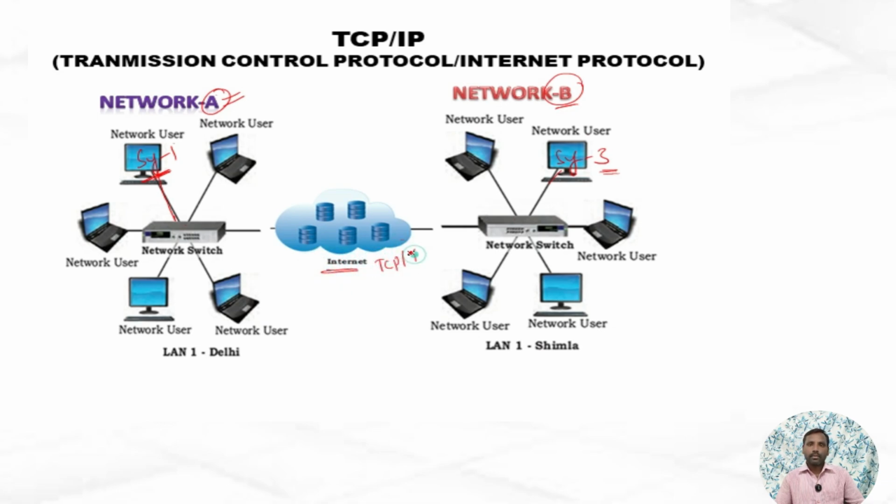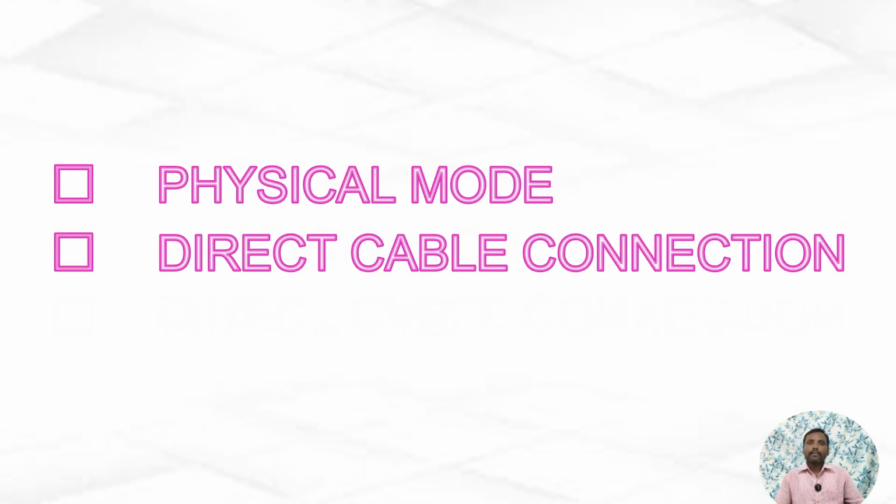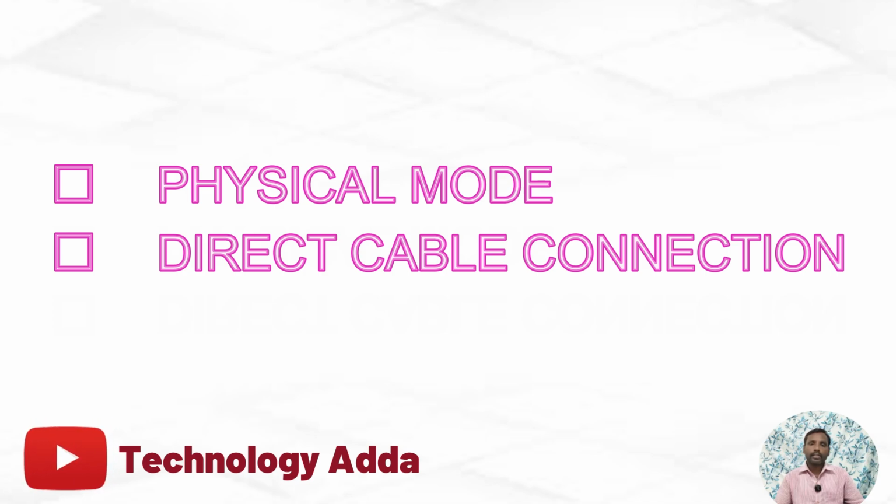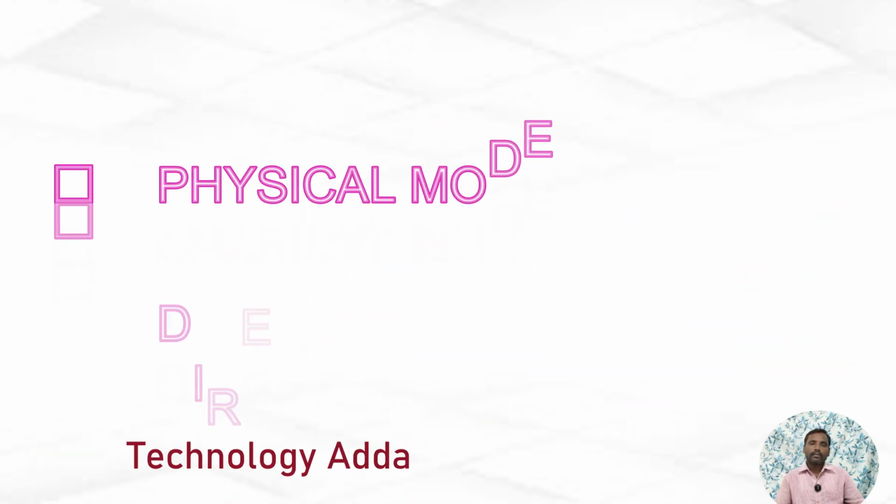Now, how did the internet come to exist? What is the background history of the internet? We have to see how data was transferred before the internet or computer networks. For this, two methods were used. One is physical mode, the second is direct cable connection.